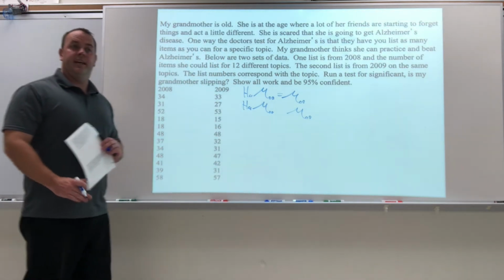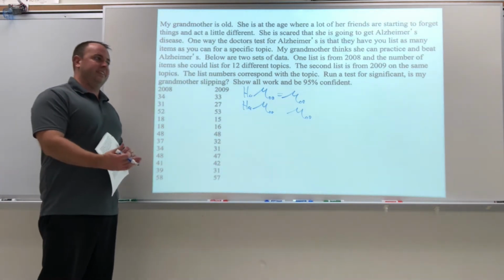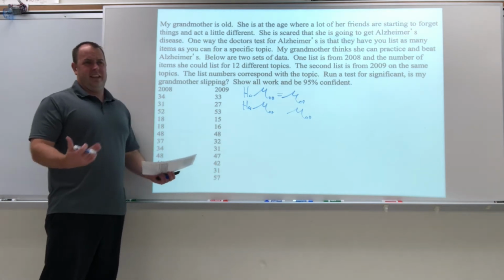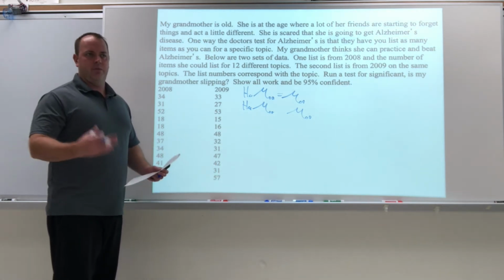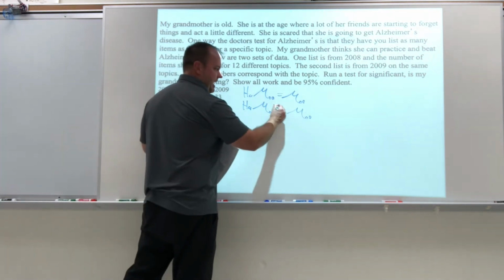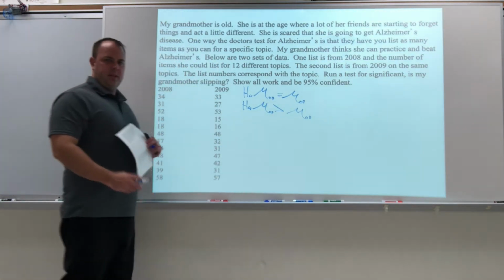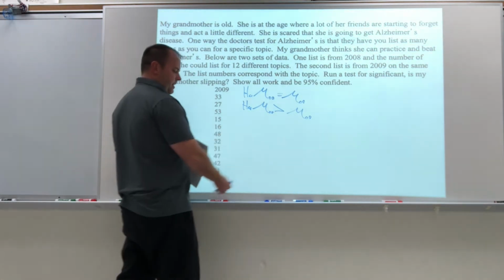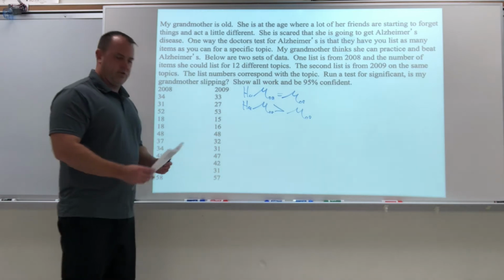Now, we're going to see if she's slipping. We want to see if 2009 is less than 2008. If they are less than 2008, that means that she's not able to list as many items as she was in the past. So I'm going to have greater than. Now, this is important because that's how we know what our critical value is going to be.